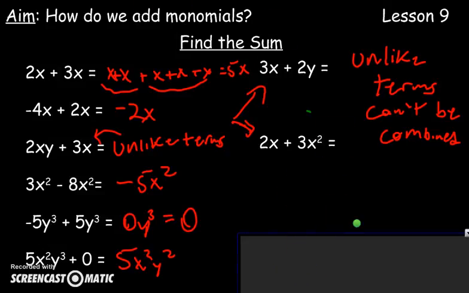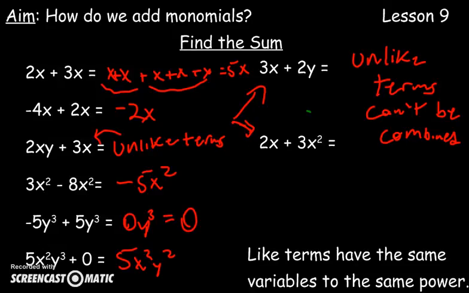Like terms, if you might have noticed, have the same variables and the same powers. So they both have x's, and they're both squared. These terms are like terms only because 0 is a universal like term. These are not like terms because the exponents are different, and these are not like terms because they have a y.